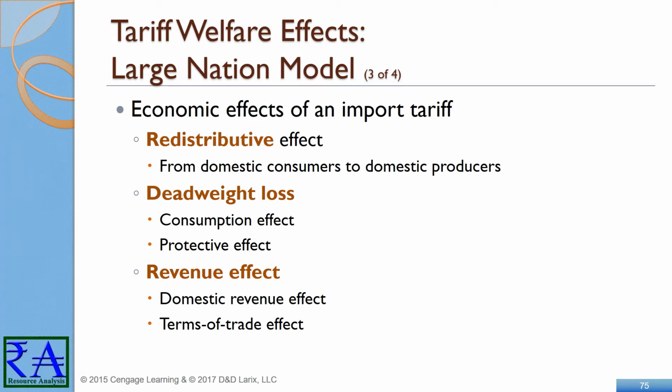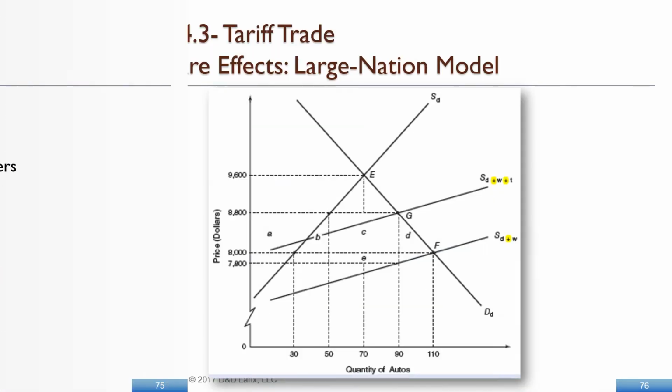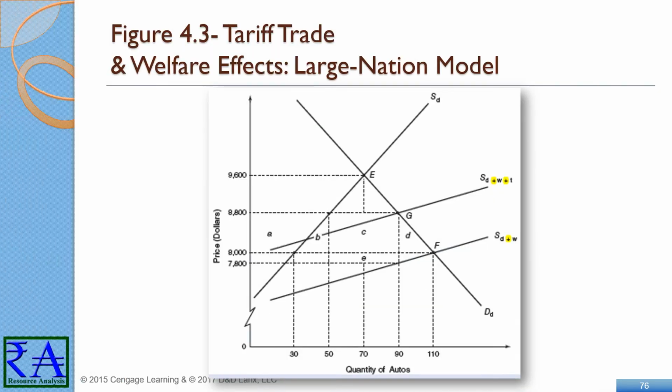Just as we saw in the small nation example, this large nation example generates the redistributive effect, deadweight loss, and revenue effect, but their impacts are slightly altered. The redistributive effect reduces consumer surplus as it is transferred to domestic producers.